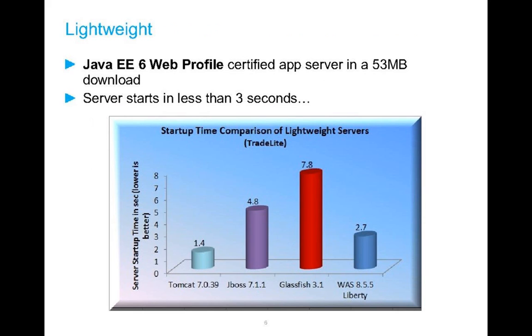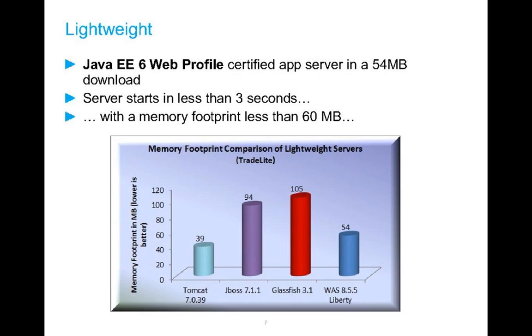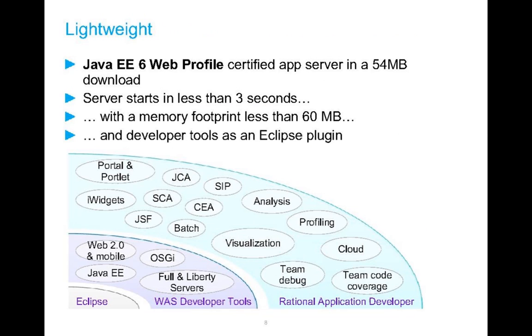And the memory footprint is less than 60 MB. It's 54 MB as per the chart, slightly more than Tomcat and less than Glassfish and JBoss. The developer tools are available as an Eclipse plugin. As you can see in the picture, you have Eclipse, and then you have WebSphere Developer Tools, which is a free download.